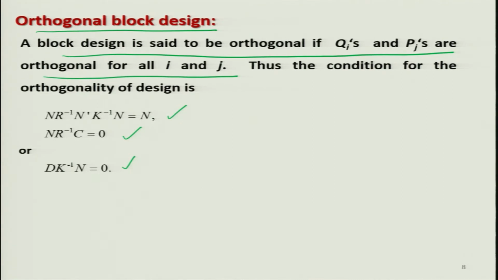And that is why there is no discrimination between the concepts of adjusted and unadjusted blocks or treatments sum of squares, because they are orthogonal. So, either you take adjusted or unadjusted, they are going to be the same thing.